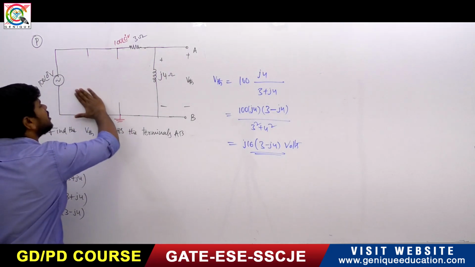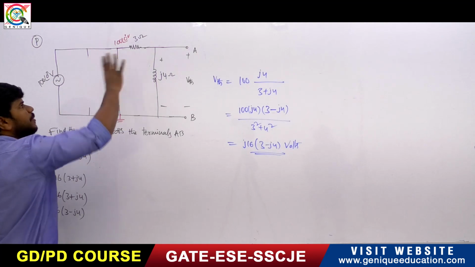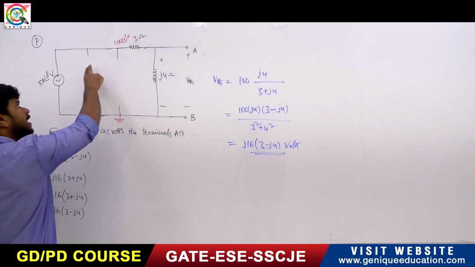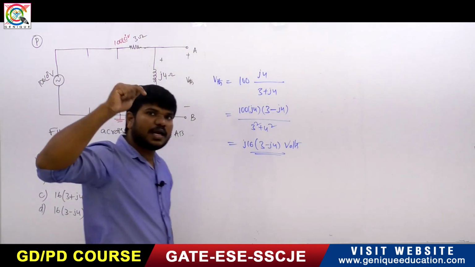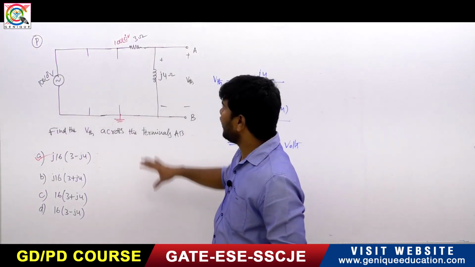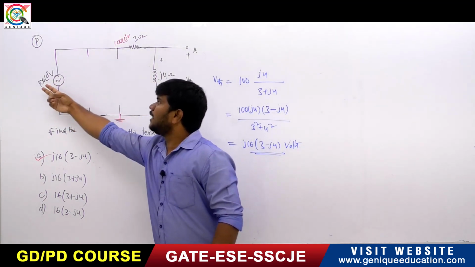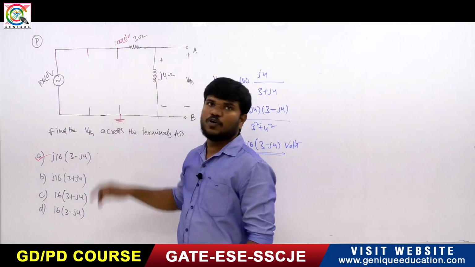I can remove these two impedances, whatever the impedances are placed here. If there is any impedance in parallel with the voltage source, you can remove that if you are calculating the load parameters. This is the point you have to identify. So if you remove this, it is directly a voltage source connected across the 3 ohm and J4 ohm.